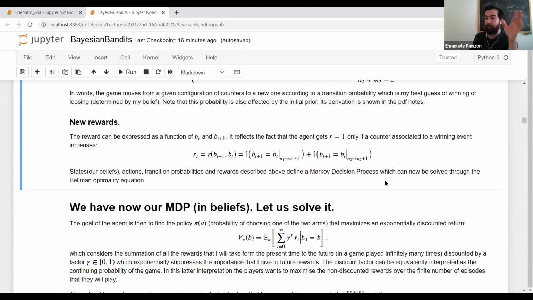This new MDP has states which have these 4 integers. These 4 integers correspond perfectly to the belief I have of my states, given the pseudo counting. I have the actions I can take, which are arm 1 or arm 2. I have transition probabilities.